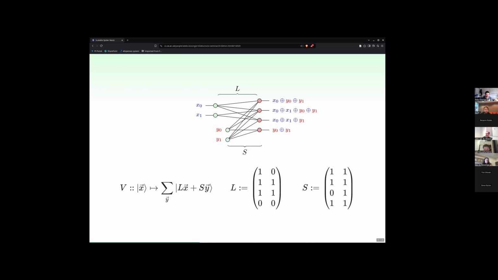So that might be a useful way for you to think about these things. But anyway, this is just the direct way I can write down the action of this isometry once I have this normal form. Importantly, it's given now in terms of a pair of matrices. I've somewhat suggestively called these matrices L for logical and S for stabiliser. So that's going to come up again.